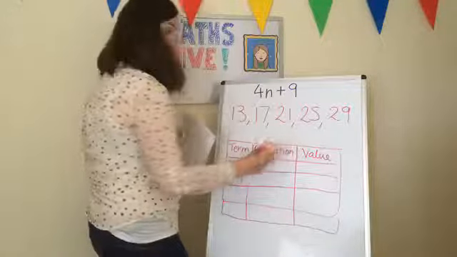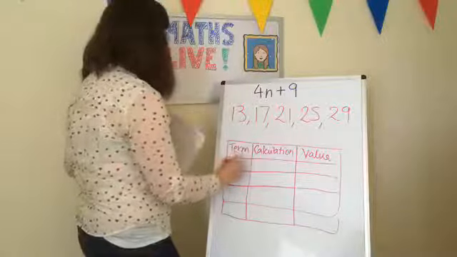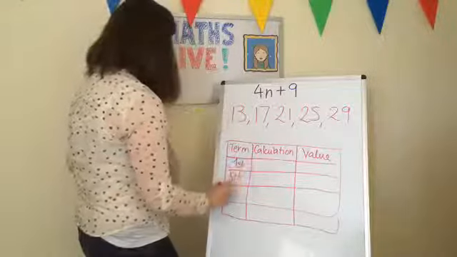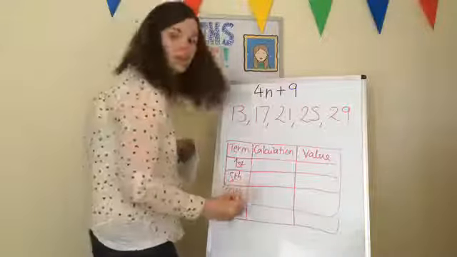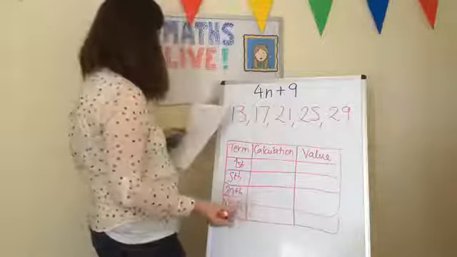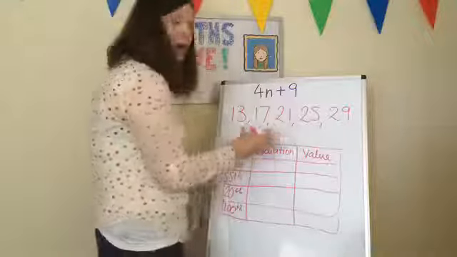So you've been asked to find the first term, the 5th term, the 20th term, okay, and the 100th term. Okay? And it tells you how to do it.